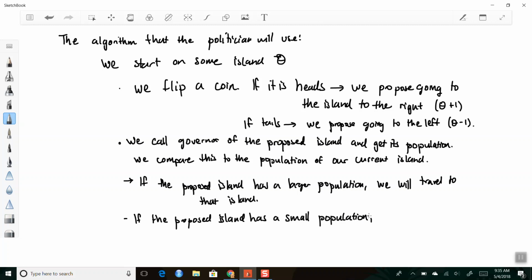So if the proposed island has a smaller population, we will visit it with probability equal to the small population divided by the current population.